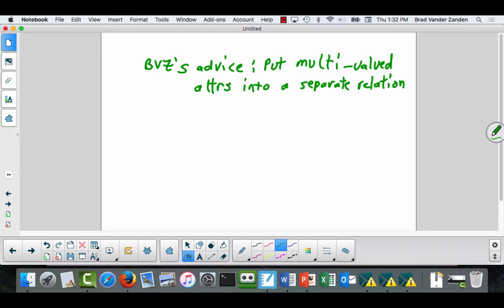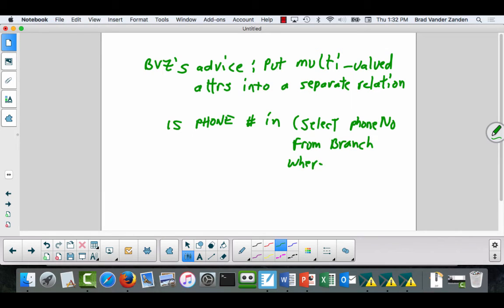It's just easier that way. For one thing, it reduces the number of nulls. Another thing it does is it makes it easier on your queries, because let's say you want to know whether a phone number is associated with a certain branch. It's a lot easier to say something like: is phone number in select phone number from branch where branch number equals B3.